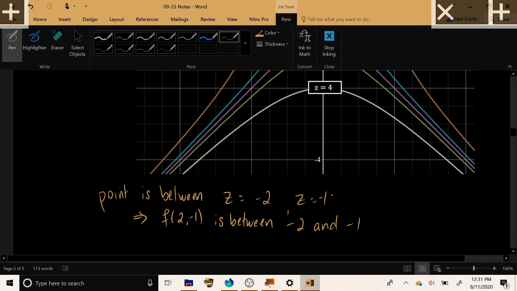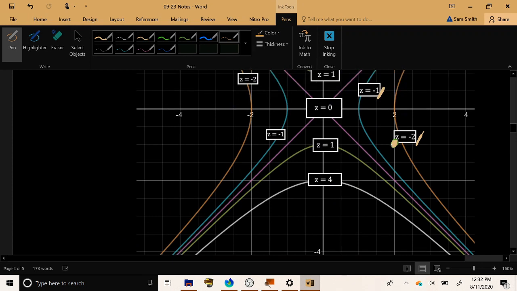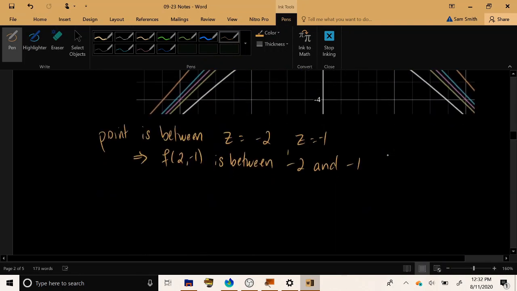Now, that is already pretty good information considering that we don't actually have the function's equation. But I think we can even be a little bit more precise than that. Because if I take a close look at this point at 2, minus 1, it appears to be slightly closer to the negative 2 curve than it is to the negative 1 curve. I think that the distance to the negative 2 curve is just a bit smaller than the distance to the negative 1 curve.